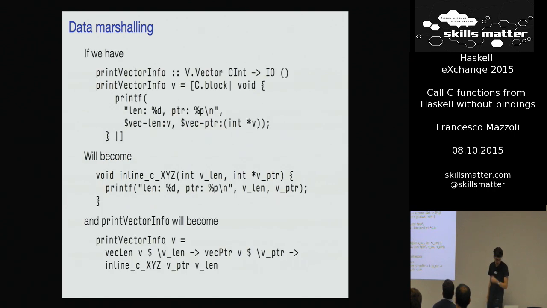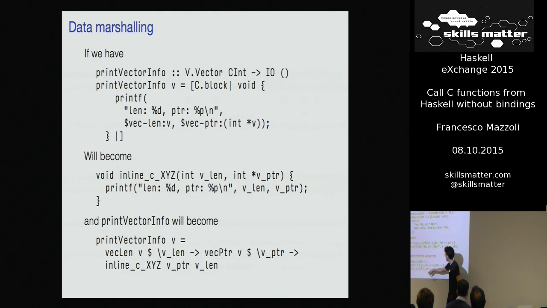The way this looks, if we go back to print vector info, and its C function representation, when we invoke inline C, the anti-quoter is going to provide us with these backlen and backpointer functions. Backlen takes a vector and then a continuation that uses the length of the vector. Backpointer takes a vector and then again a continuation with the pointer of the vector. And then finally we can apply them to the function we generated.